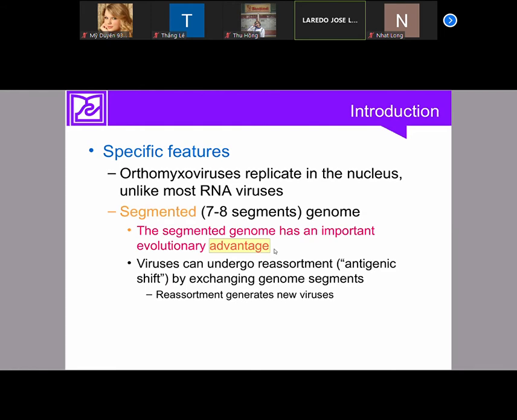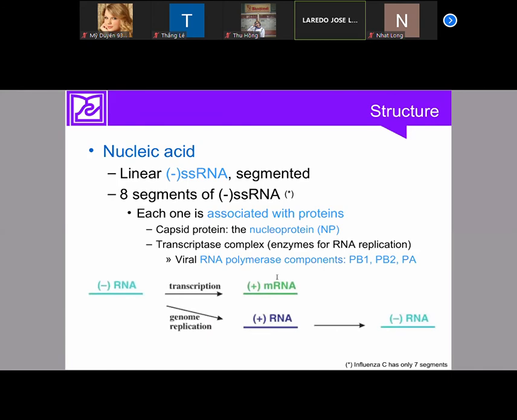Because the genetic information is divided into different segments, when different viruses infect the same cell, these segments may undergo a reassortment of segments. This is called antigenic shift. And they can produce a new variant of the virus. We will study this later when we study the pandemics of influenza.